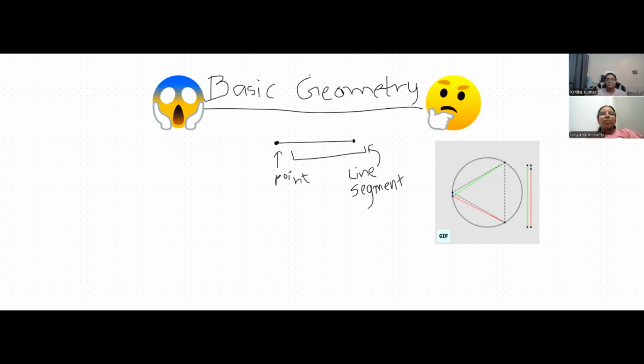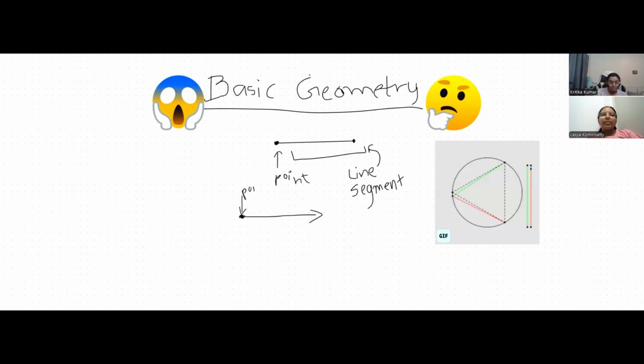What I mean by this is if you have another point and then you draw a line and then you have an arrow, this means that this side is not infinity. It's just a point and it's defined, it stops somewhere. But on the other hand, this side goes on forever. An arrow means it goes on forever.